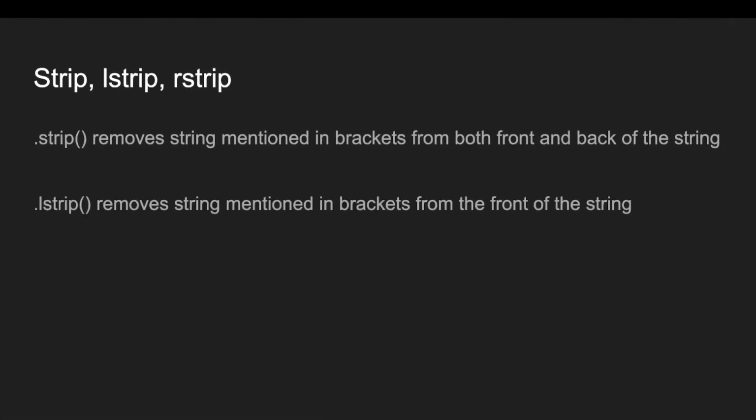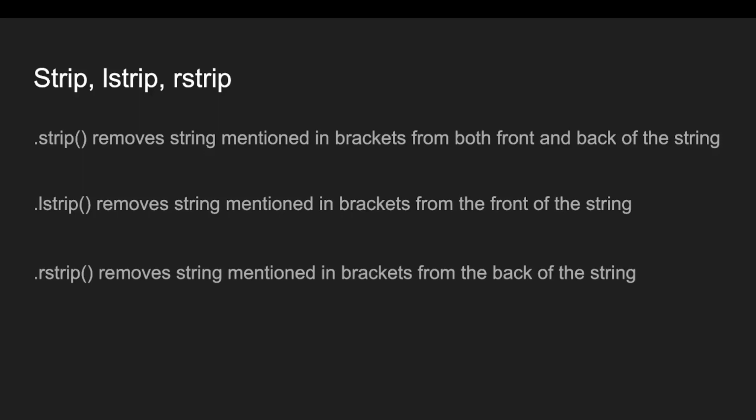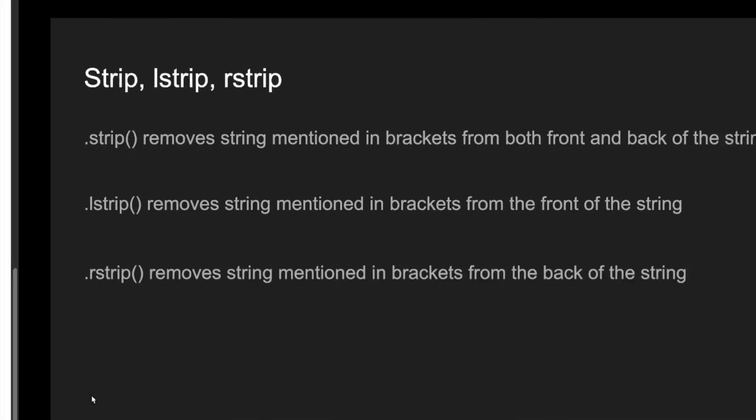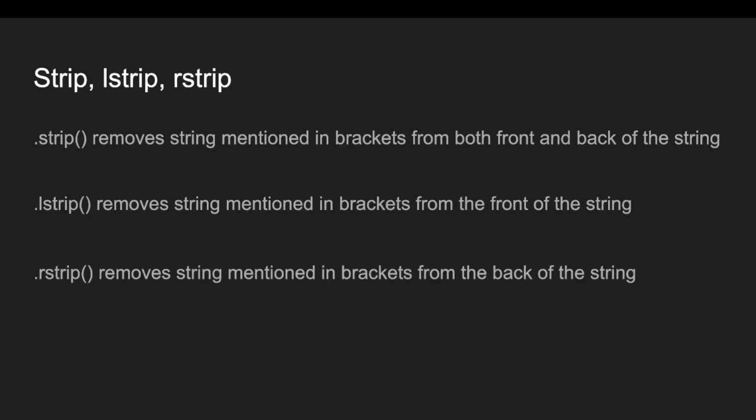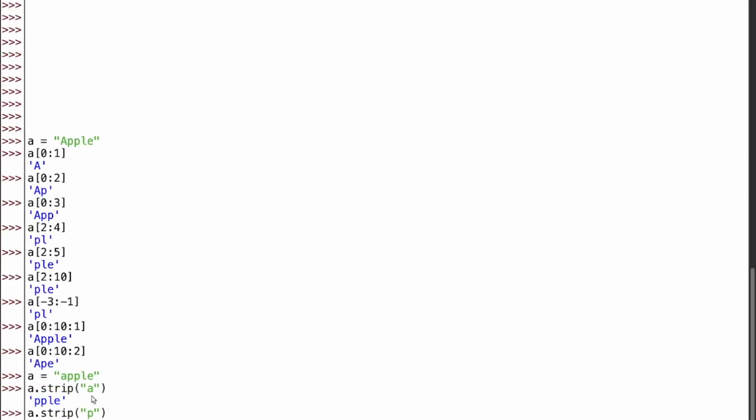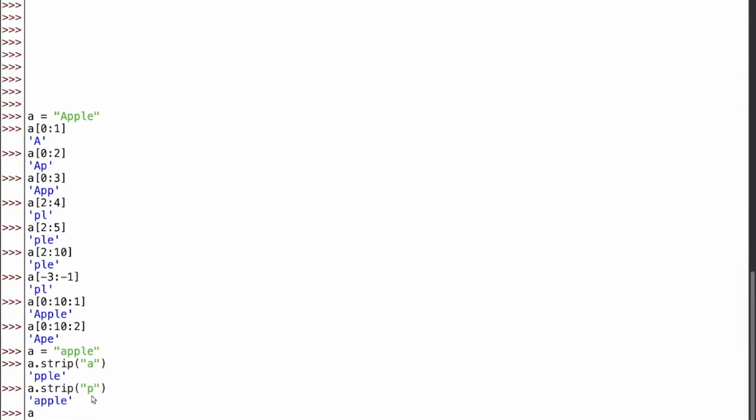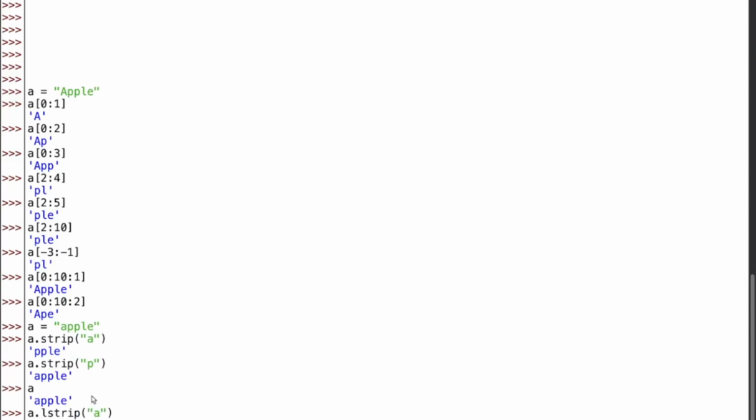lstrip removes the string mentioned inside the brackets only from the front of the string. And rstrip removes the string mentioned in the brackets from the back of the string. Let us see this in code. A is assigned to apple. Now A.lstrip('A') returns PPLE.